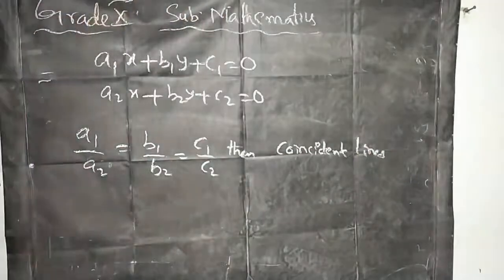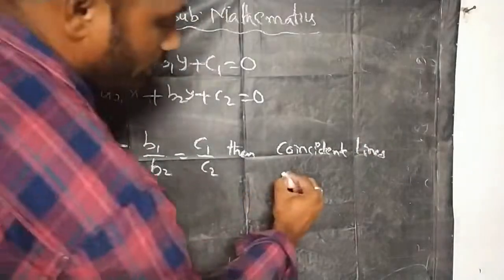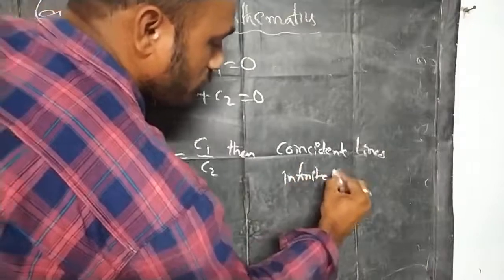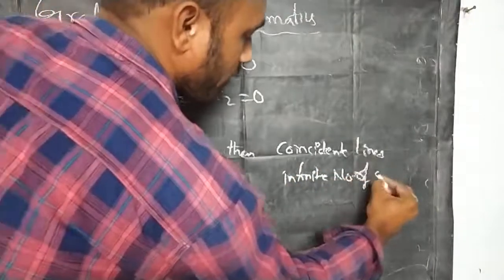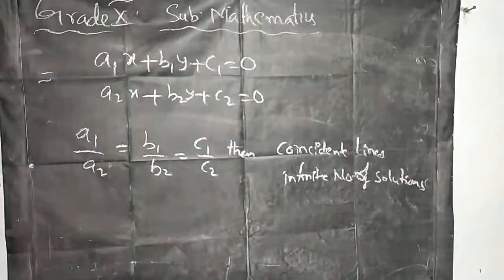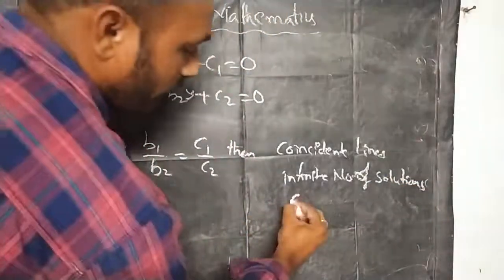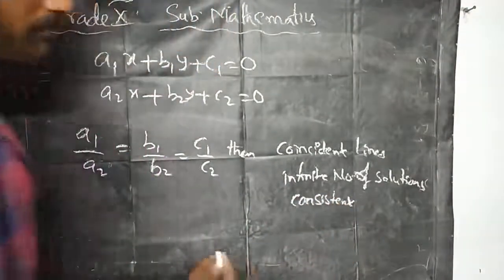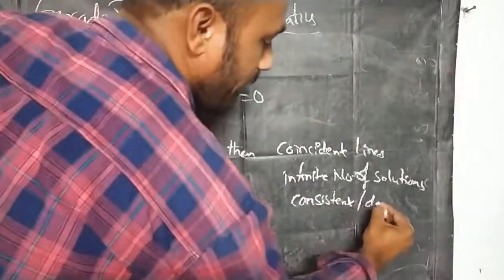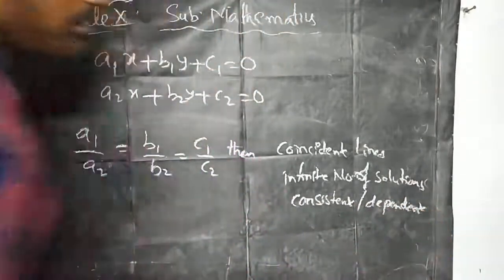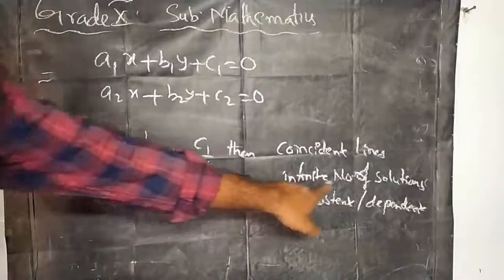Coming to the number of solutions, we are going to have an infinite number of solutions. And we call it consistent only. Sometimes they may call it dependent also. So remember these two names, consistent or dependent. But here we are going to have infinitely many solutions.